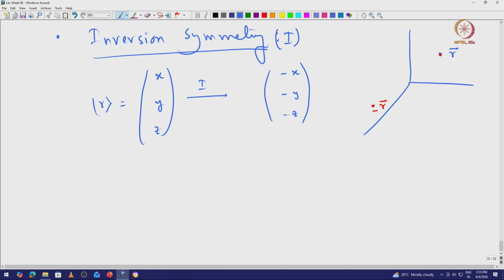So, what sort of operator can make this happen? So, I has to then be, so that is equal to minus x, y, z.